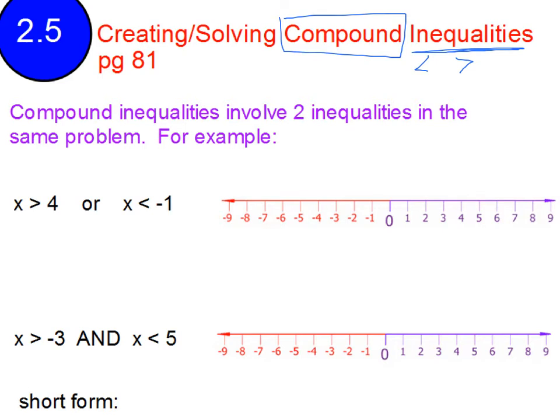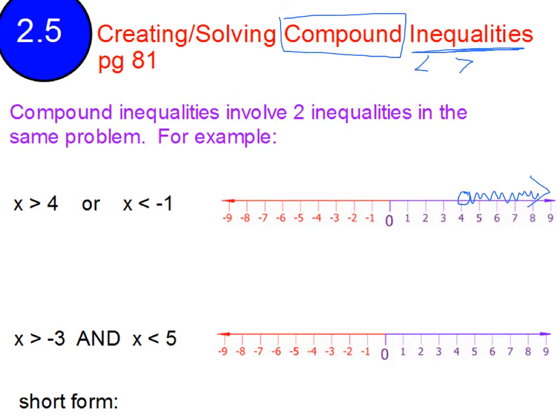For example, on this one here, I have x is greater than 4, or x could be less than -1. So I kind of have two options there. To graph that, I'm looking at all the x's that are greater than 4. Since it's not an or equal to, I'll put an open circle on the 4, and I want all of the x's greater than that. So that's everything this way.